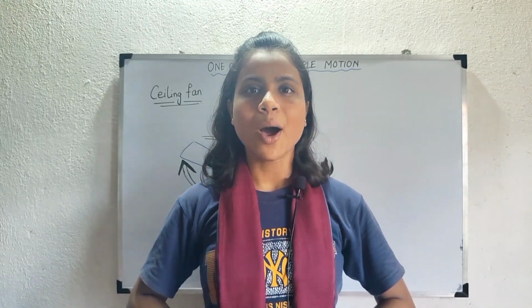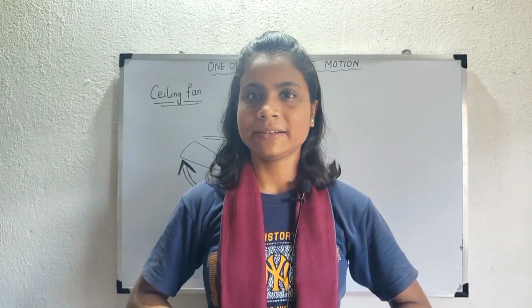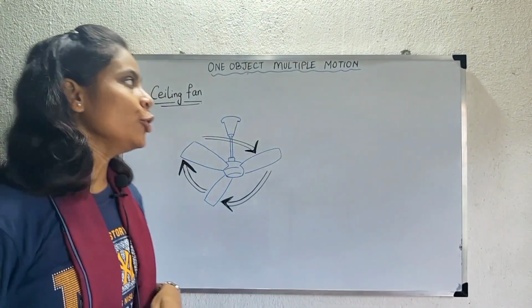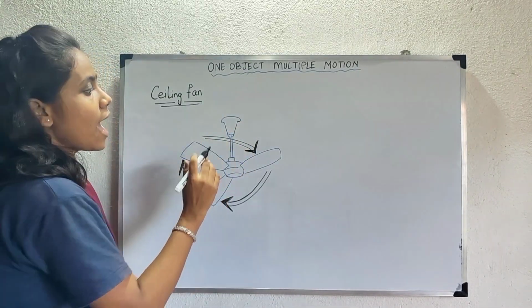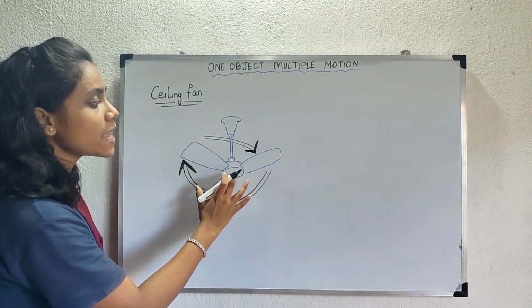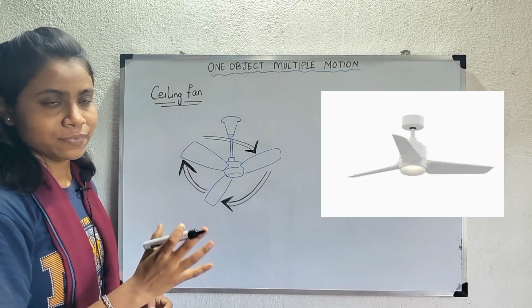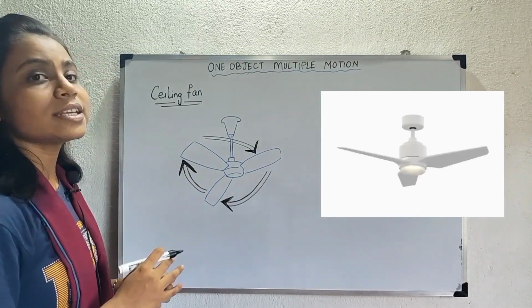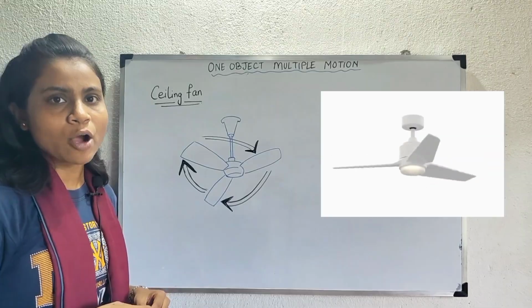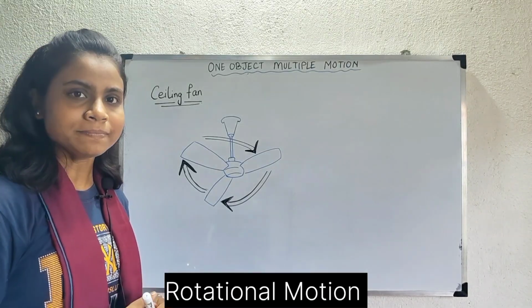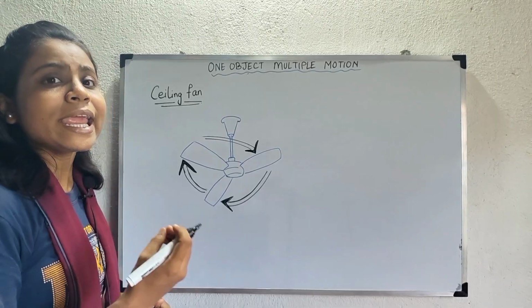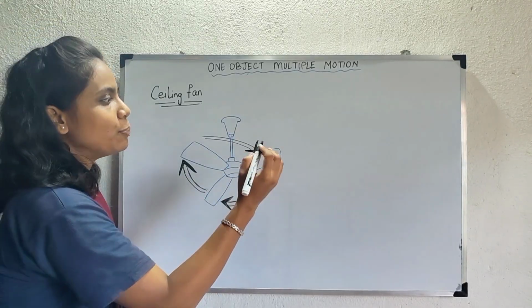Our third example is a ceiling fan. You all know that there is an axis about which the ceiling fan rotates. So as the fan rotates about an axis, it is the rotational motion. Now consider any point in one blade.